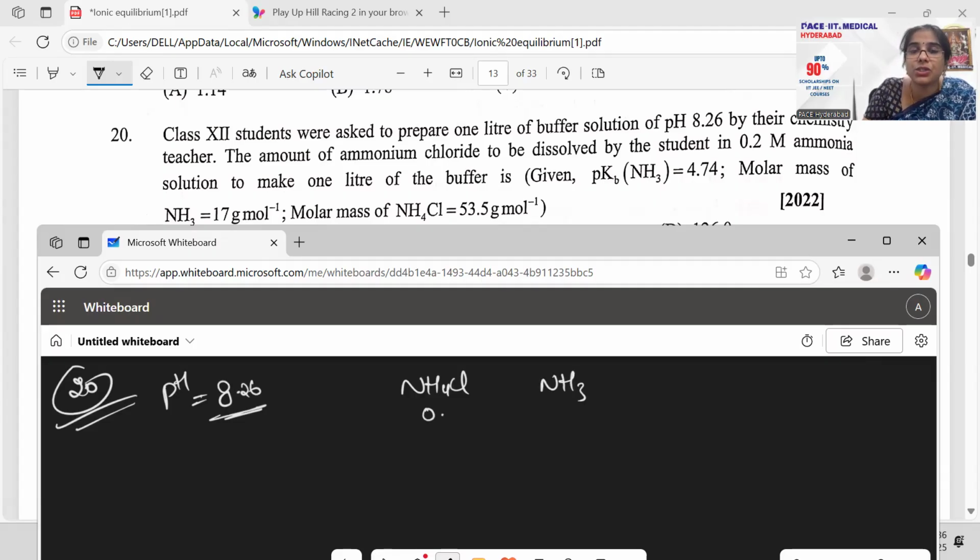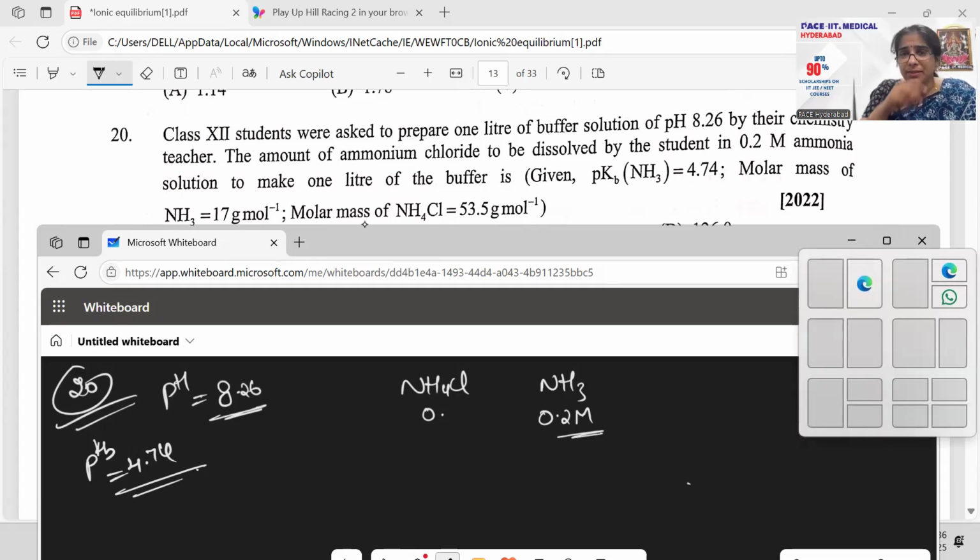Okay, ammonia solution is 0.2 molar given to us. And your pKb value is 4.74 given to us, and that is where you need to start.